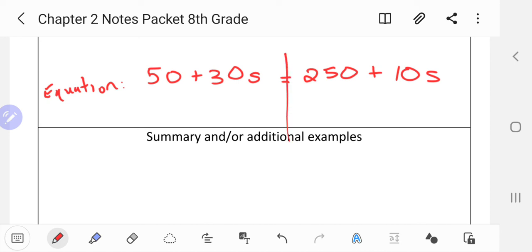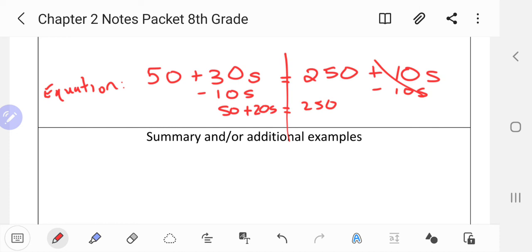There's a variable on both sides, correct? So we're going to get rid of one of those terms using addition and subtraction. So we get 250, in this case subtraction, we get 50 plus 20s. Now we have just a two-step equation.